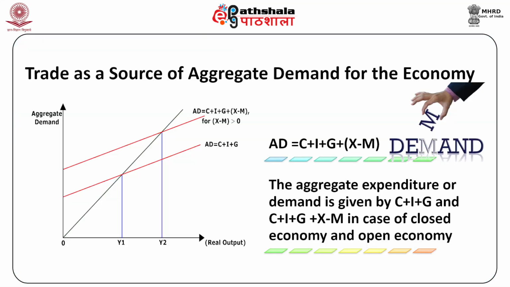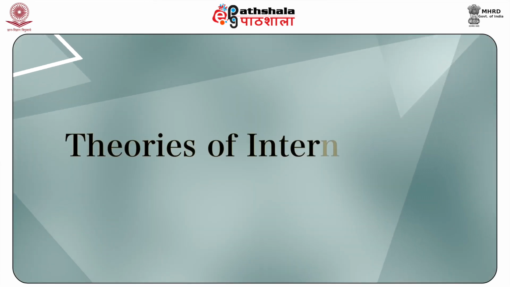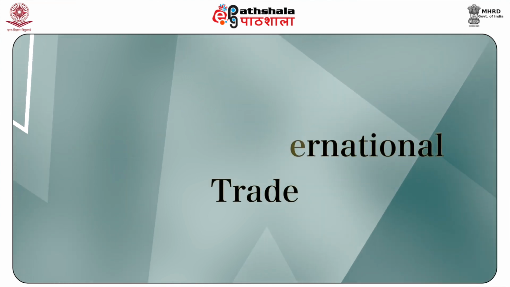The aggregate expenditure or demand is given by C + I + G and C + I + G + X - M in the case of closed economy and open economy respectively. The equilibrium level of output Y1 is higher in the open economy than the equilibrium level of output Y2 in the diagram.